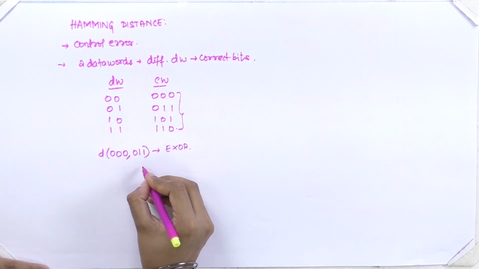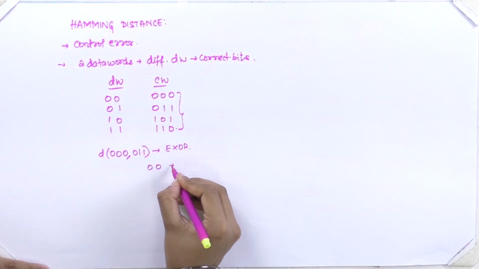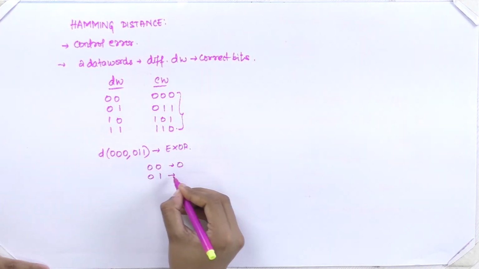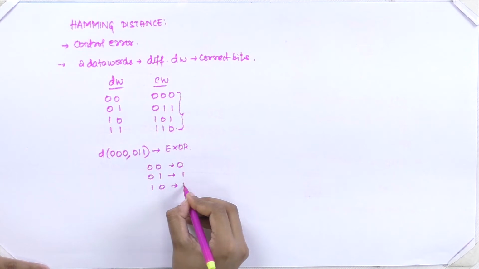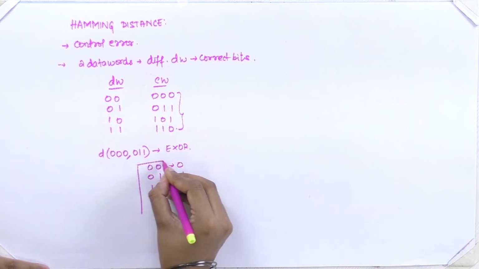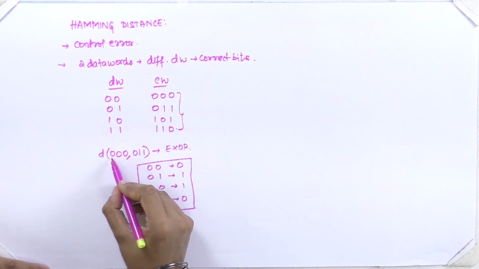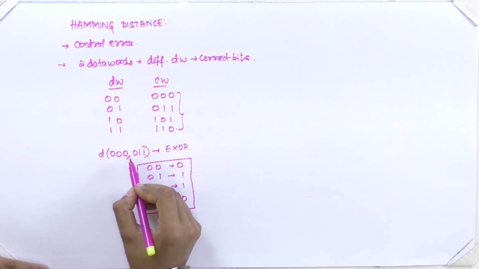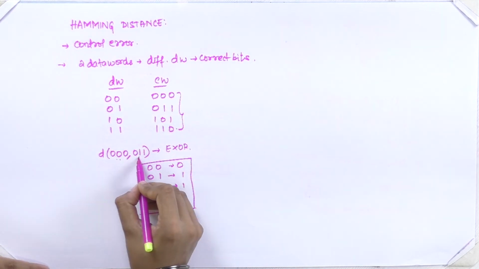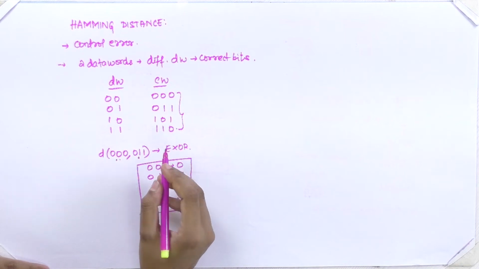The truth table of XOR is: 0,0 is 0; 0,1 is 1; 1,0 is 1; and 1,1 is 0. So this is the truth table of XOR. Upon this we will tell how much difference these 2 code words have.